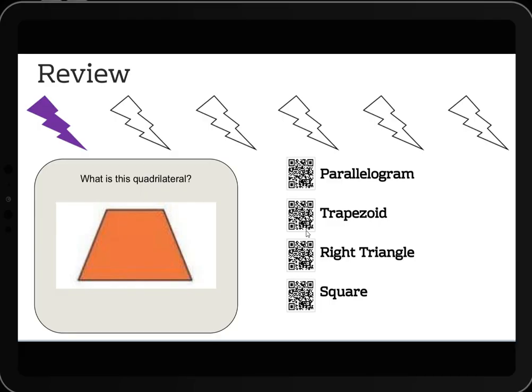Let's start by reviewing what this shape actually is. When you look at this particular shape, what do you think it is? If you selected trapezoid, you would be correct. This is a trapezoid. It has one pair of parallel sides and another pair of non-parallel sides.